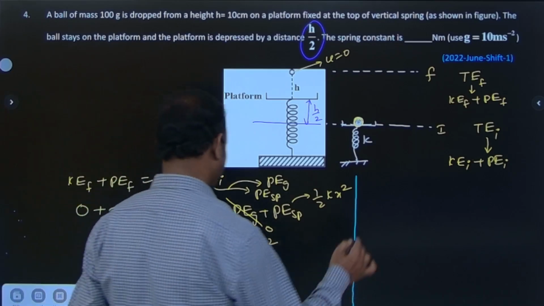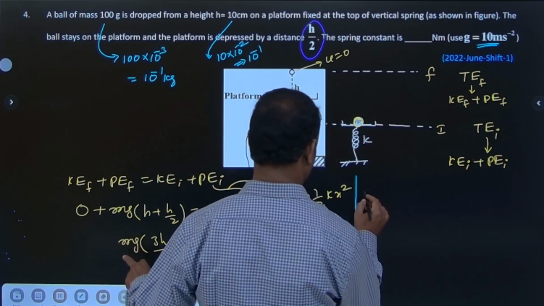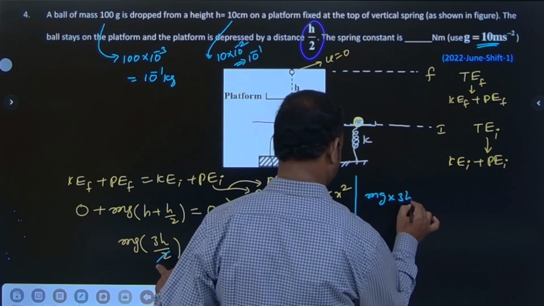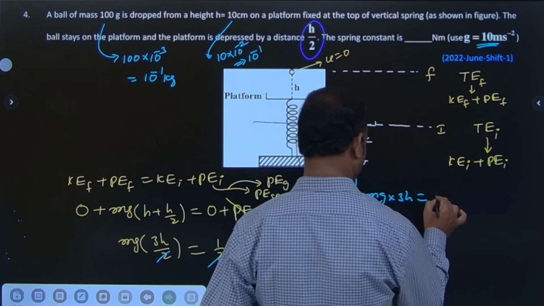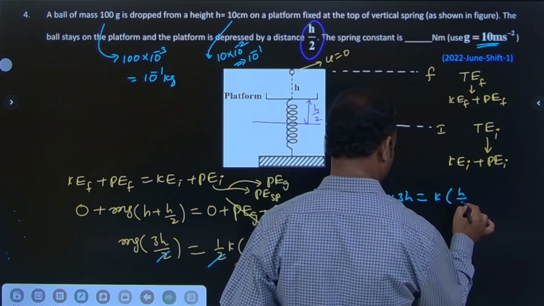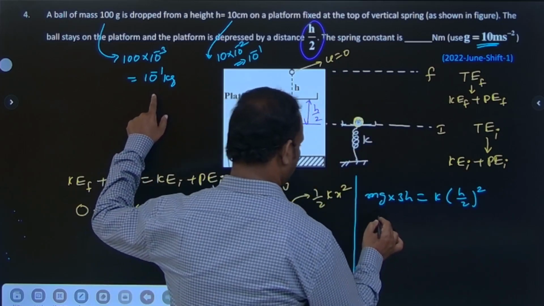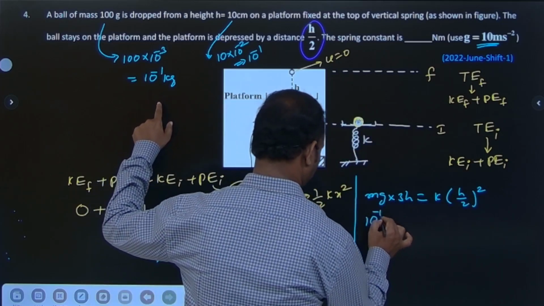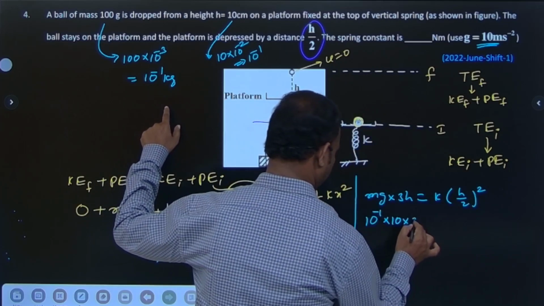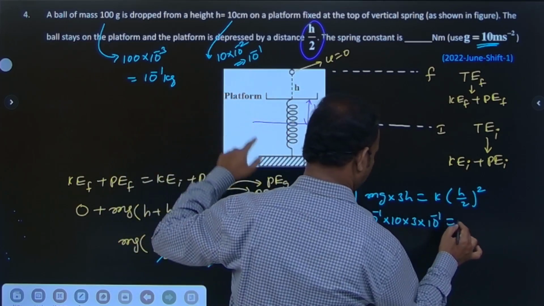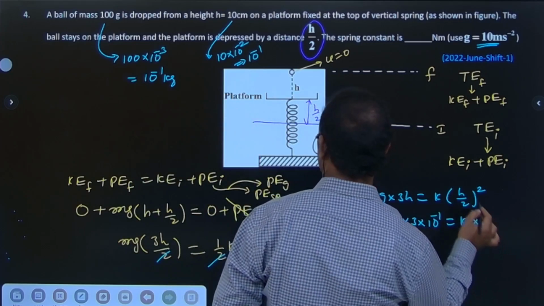Yes, so what is the mass? mg into 3h is equal to k into h by 2 whole square. Okay, so mass m is 10 power minus 1, g is 10, into 3, h is 10 power minus 1, k into h by 2.